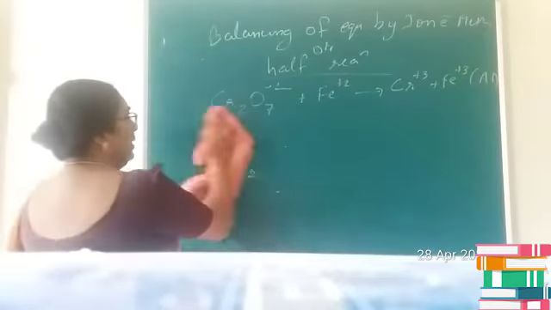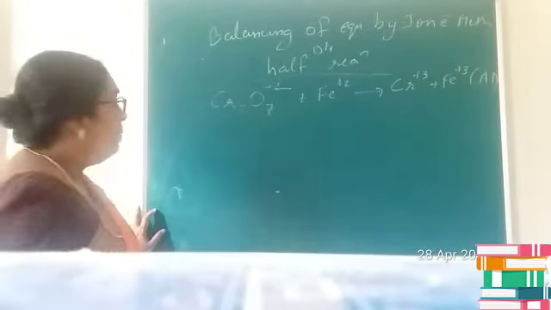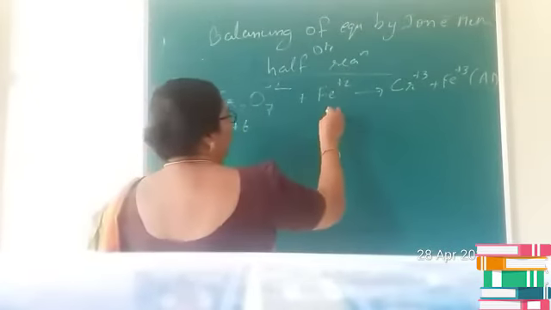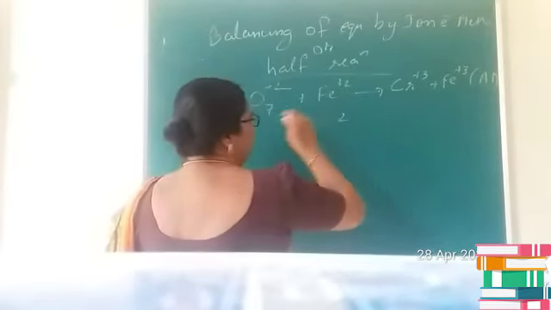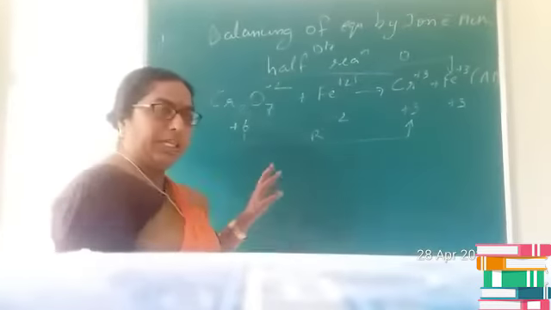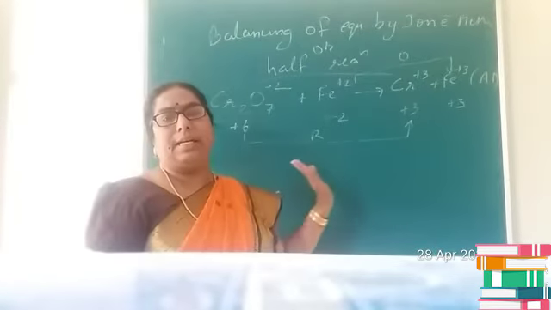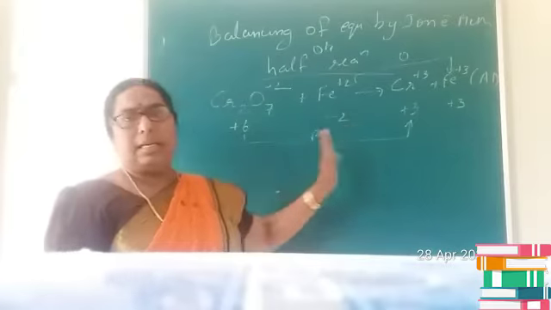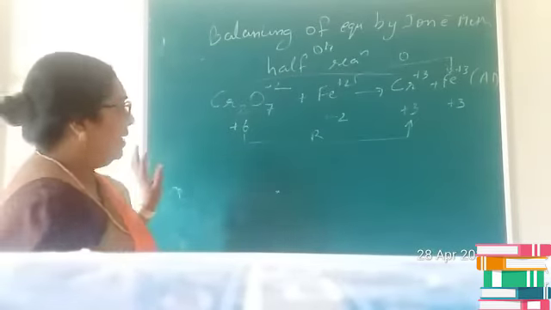So we know that the oxidation state of chromium is plus 6, and Fe2+ being an ion, its oxidation state is plus 2, Cr is plus 3 and Fe is plus 3. So we have seen that chromium undergoes reduction and iron undergoes oxidation. Without even calculating the oxidation number, you can also divide it into two half reactions.